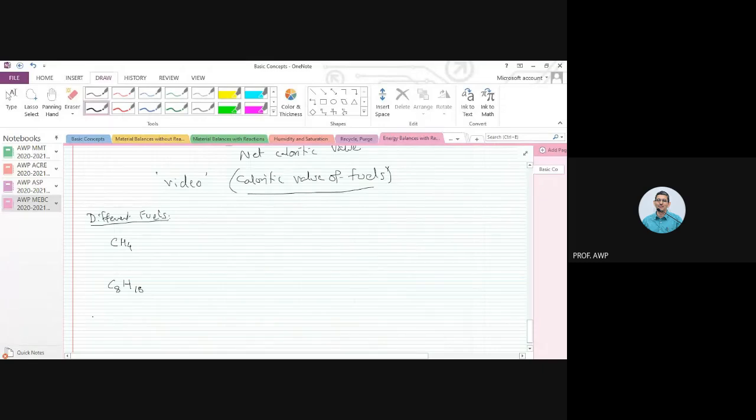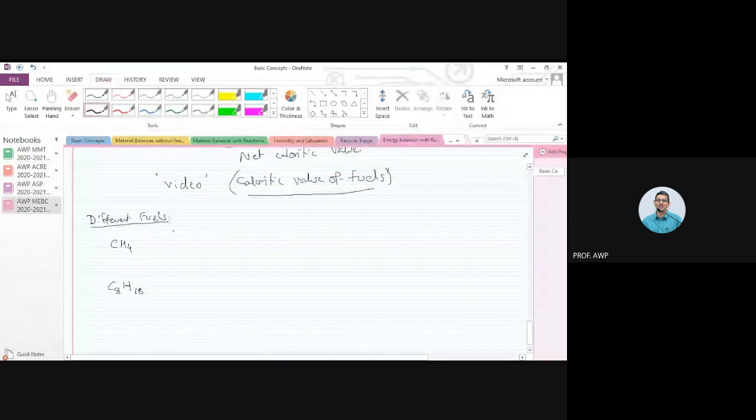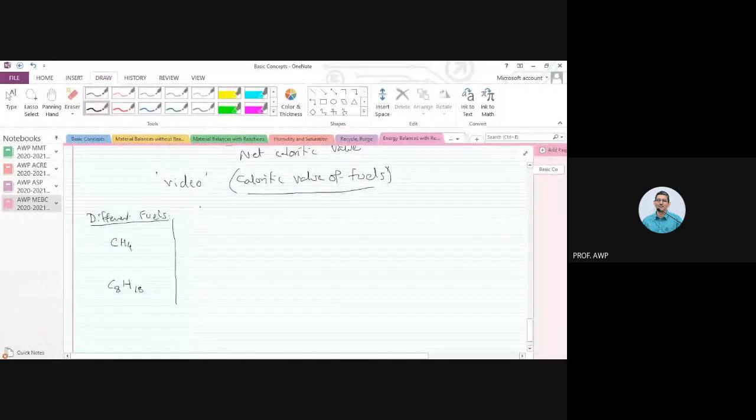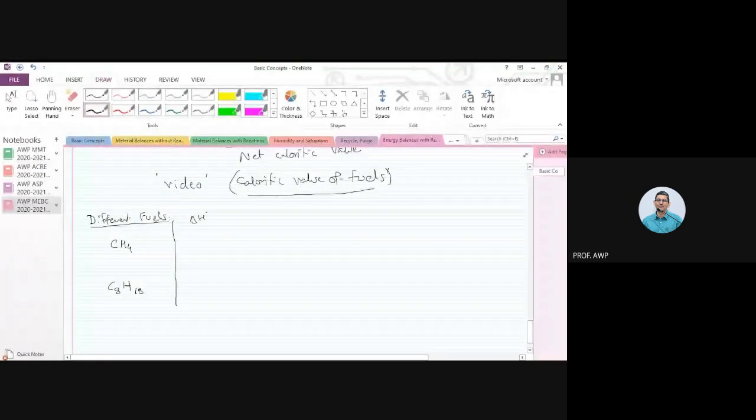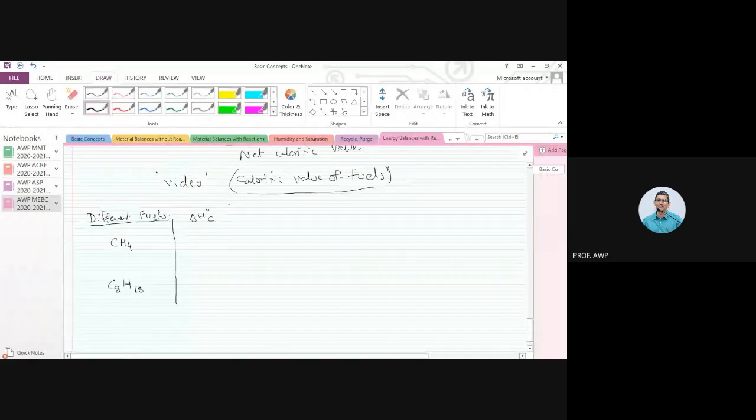Diesel we will not take, we'll take some other thing. Okay, let's just take these two only. So let me say standard heats of combustion in terms of kilojoules per gram mole. Okay, methane.